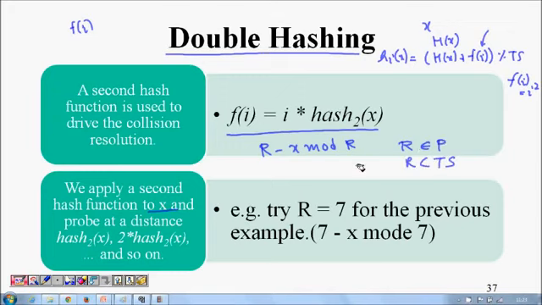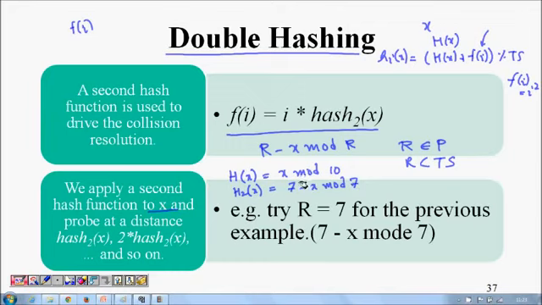In this example, we are taking h(x) as x modulo 10, and hash2(x) will be 7 minus (x mod 7).